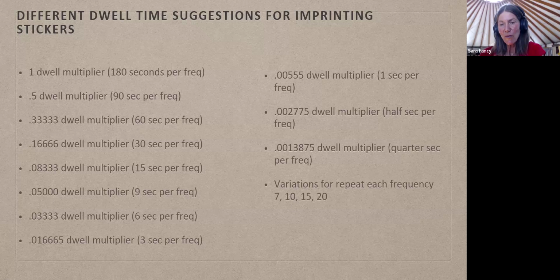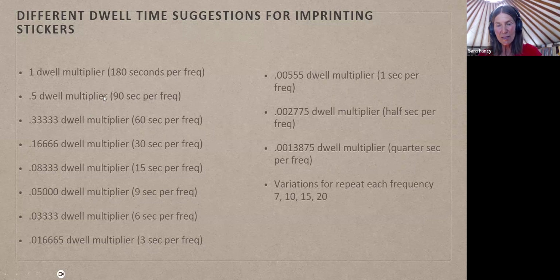And then as far as repeating the cycle, right, there's variations. You can repeat them 7 times or 10 times or 15 times or 20 times. These are just suggestions. Like if you're in a hurry and you did 7 cycles and you're running it at that 0.333, that's 7 minutes.